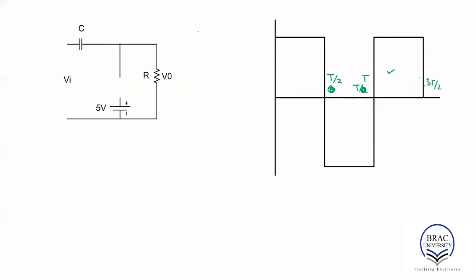So when t is greater than T by 2 and less than 3T by 2, we have Vi greater than 0, but in that case, the diode is reverse biased. So this is our polarity. Since the diode is reverse biased, the diode is off.